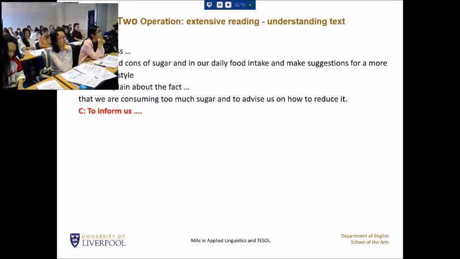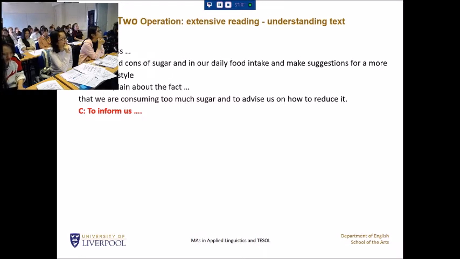To inform. To inform us. It could be that, or it could be, what prepositions can follow this? Inform somebody of, or inform somebody about. Okay, we could use those.